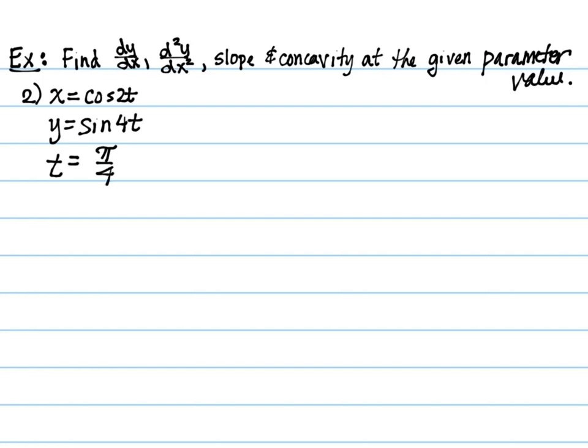So, to start with, having our first and second derivatives are going to be necessary. So what is the first derivative of x? Negative 2 sine of 2t, right. And I'm going to do a second derivative anyway, so let's just do it now. What would be the second derivative for x?